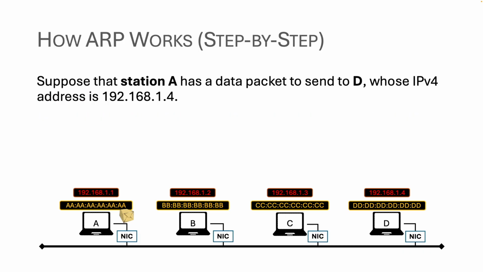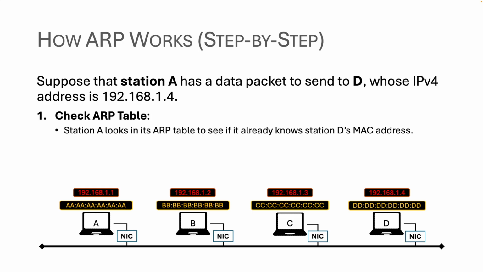Suppose that two computers A and D are connected to the same local area network with no intervening gateway or router. Now assume that station A has a data packet to send to station D, whose IPv4 address is 192.168.1.4.